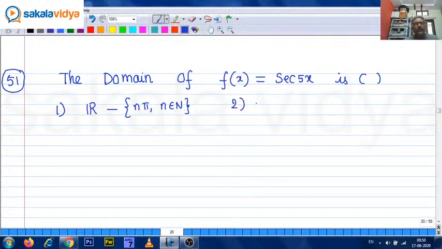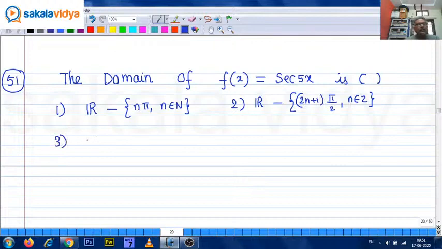Second one, set of real numbers minus 2n plus 1 pi by 2, n belongs to integers Z.